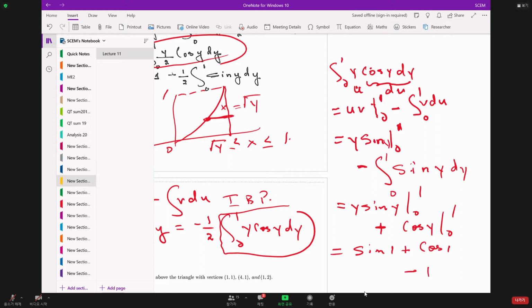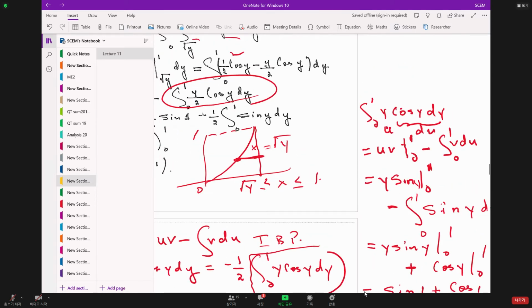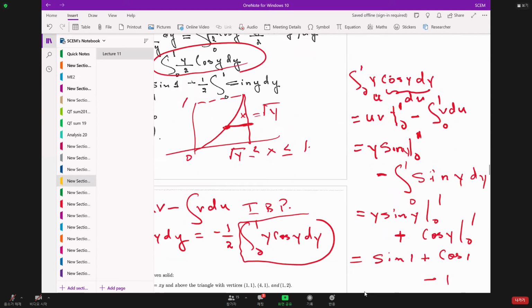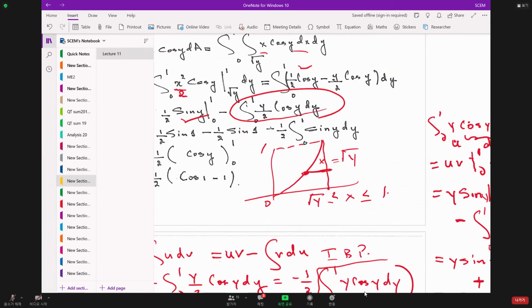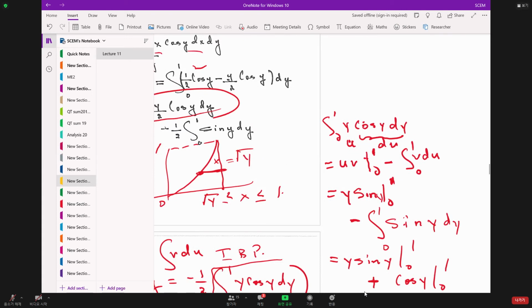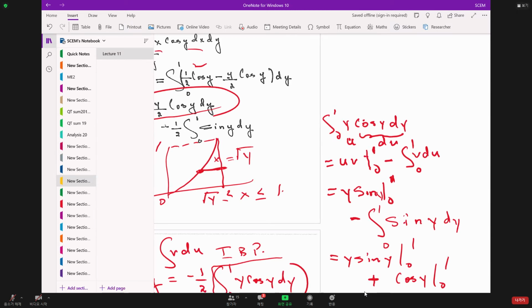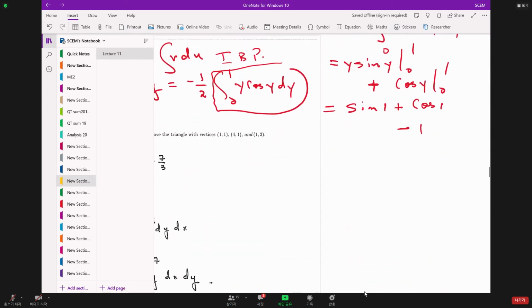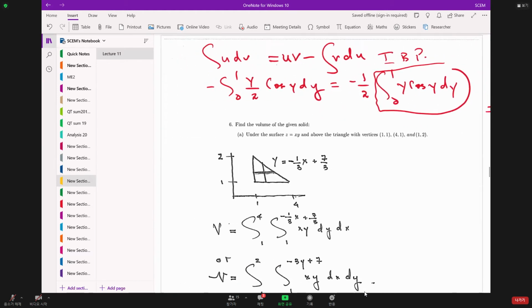Now multiply this by minus half, which I left out just for convenience. Put everything together and you get the correct answer. Maybe I have made a couple of arithmetic mistakes, but you check that out. Go sit down and practice these problems. Things become so easy once you learn this stuff.